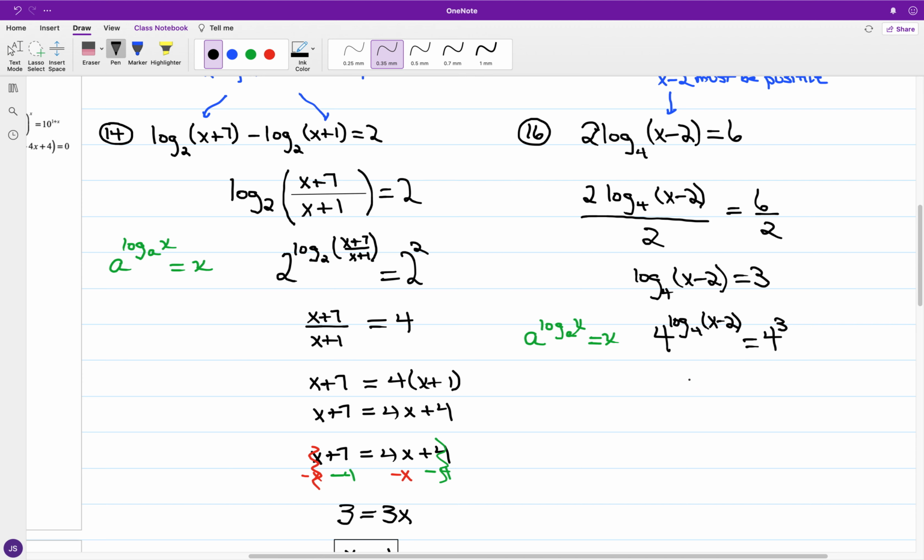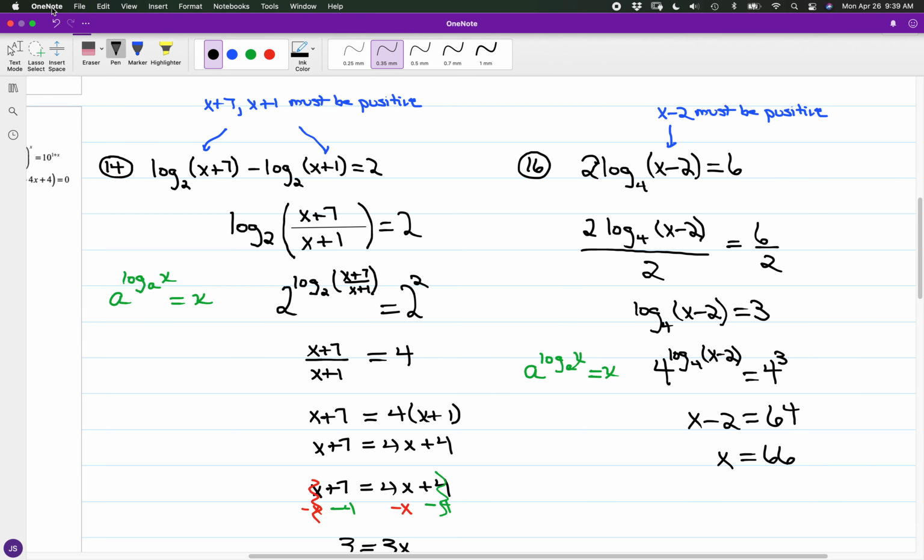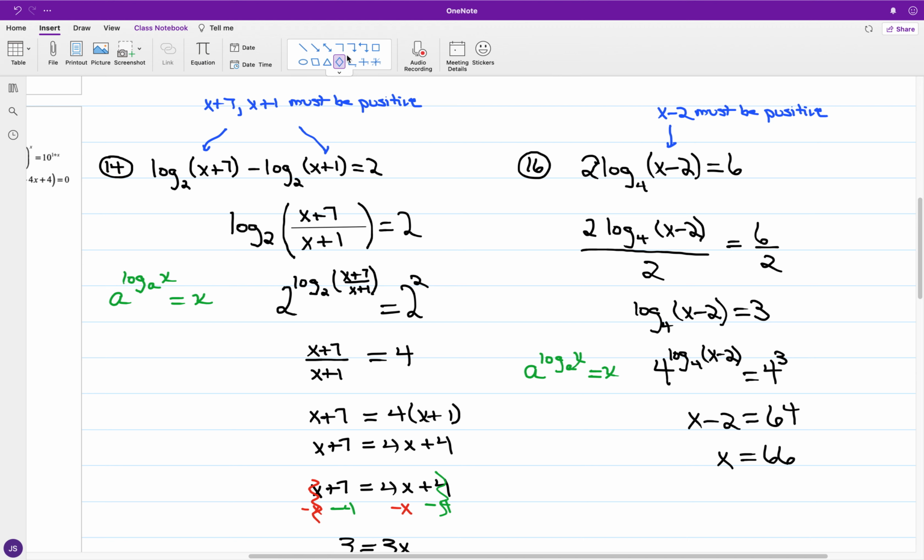The left hand side becomes x minus 2, and 4 to the 3rd is 64. So with x minus 2 equal to 64, we have an apparent solution of 66. With x at 66, 66 minus 2 is 64, which will be positive. And so we have our unique solution, x equal to 66.